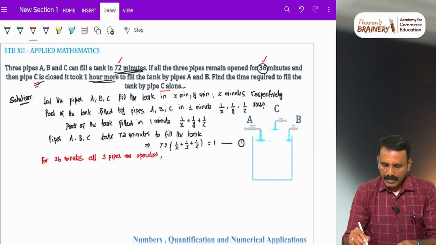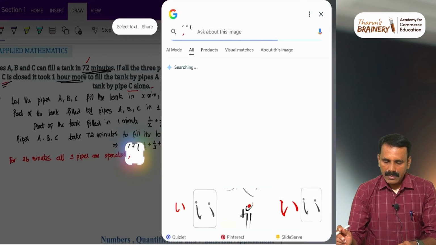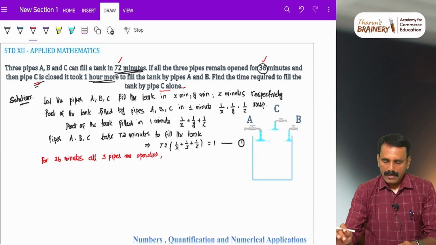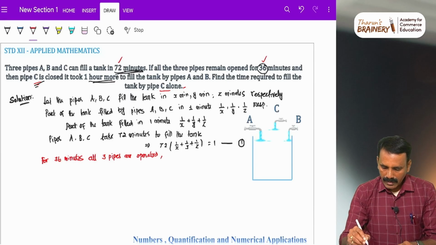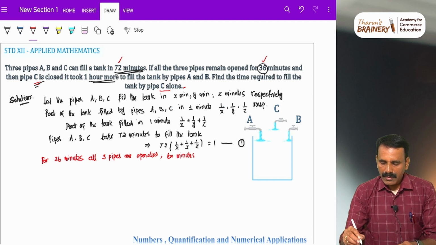Then for the next 60 minutes only pipe A and pipe B are used.